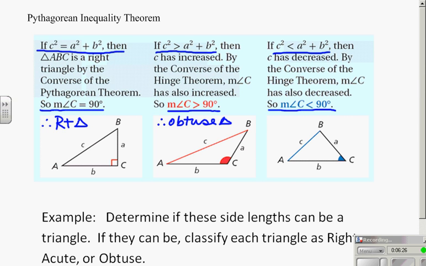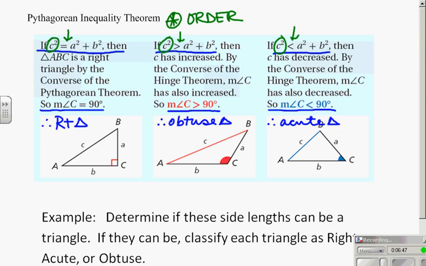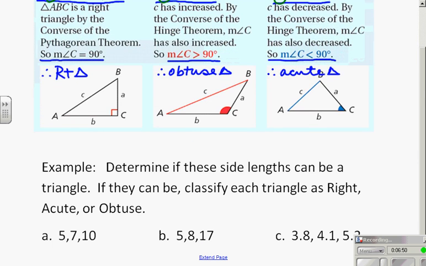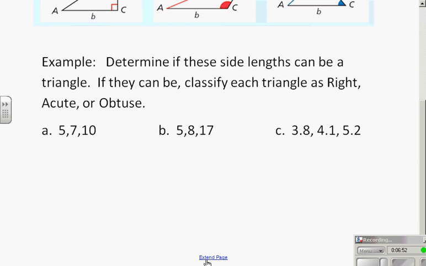And if your c squared is less than the sum, then your angle C is less than 90, and therefore you have an acute triangle. Now, very important, notice the order. We always want c squared first when we look at our comparative values.